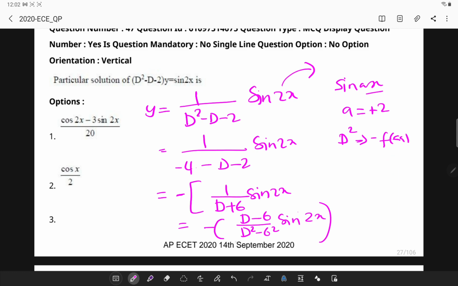Now d square, as I substituted earlier, I can write it like d minus 6 divided by minus 4 minus 36 into sin 2x, or it will be d minus 6 by 40 into sin 2x.